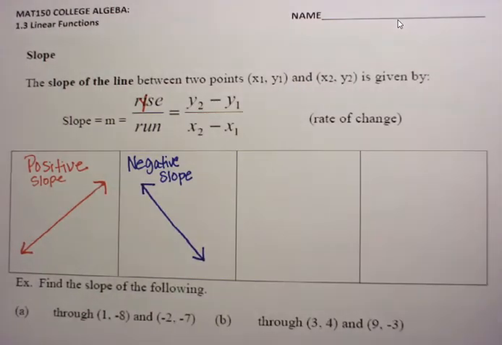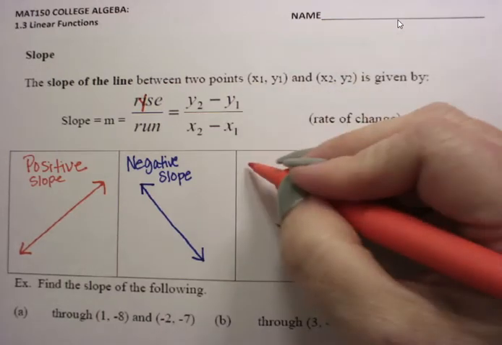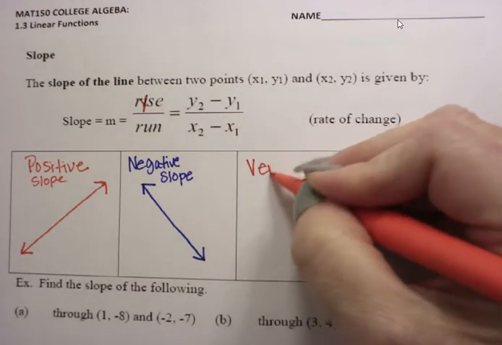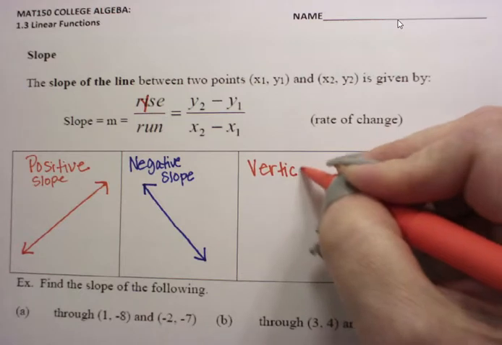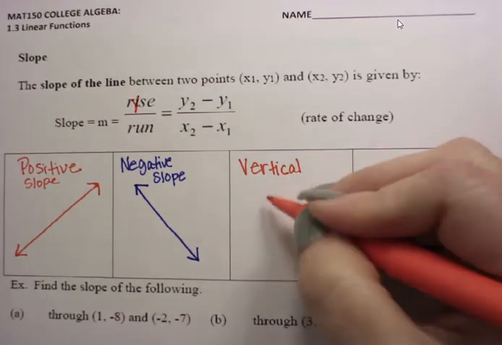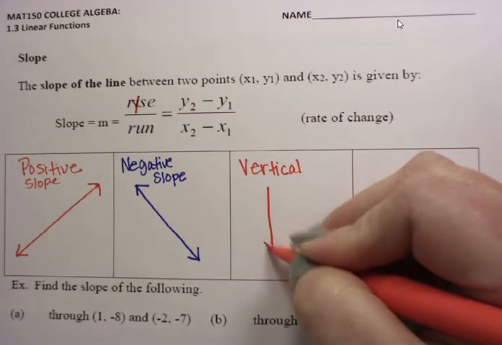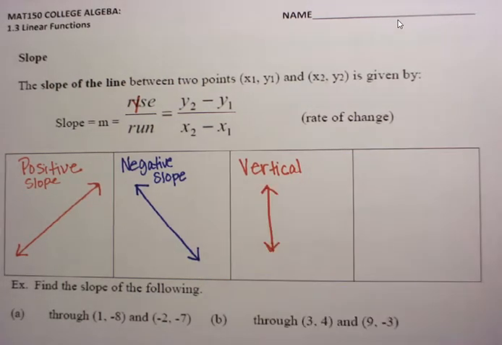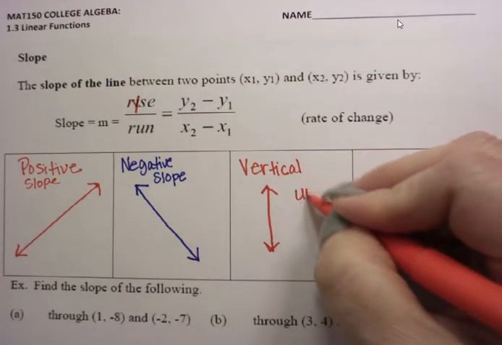Now, there are 2 other types of lines. One is a vertical line. A vertical line is up and down. And for that particular line, it has an undefined slope.